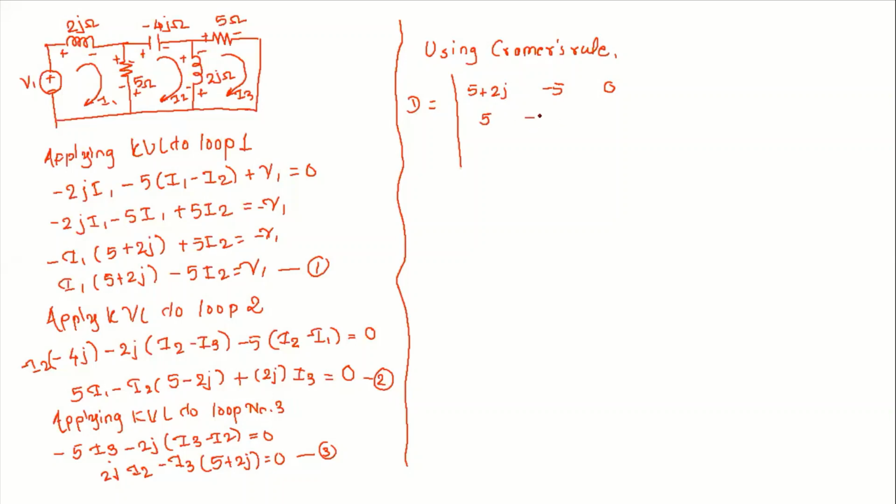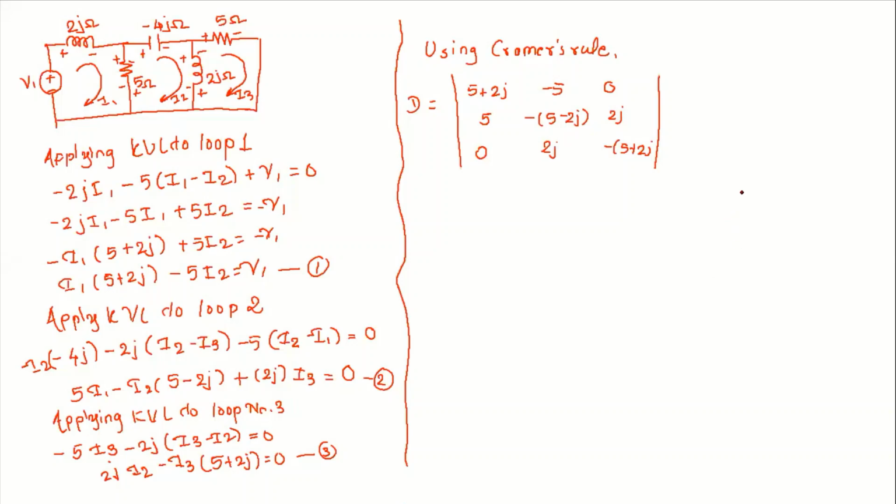Next to it, it is minus of minus 5 minus 2j, and last for I3 the value is 2j. Next to it 0, into 2j into minus 5 plus 2j. This is a determinant.